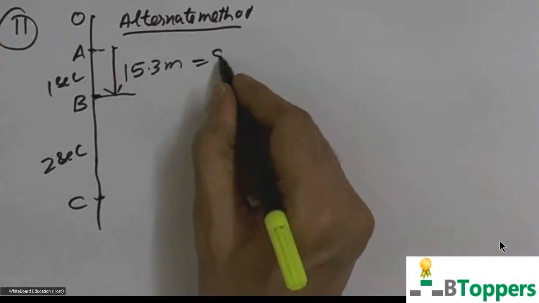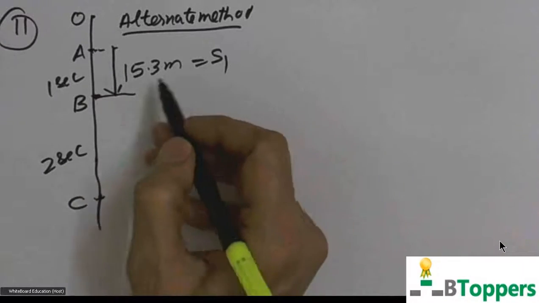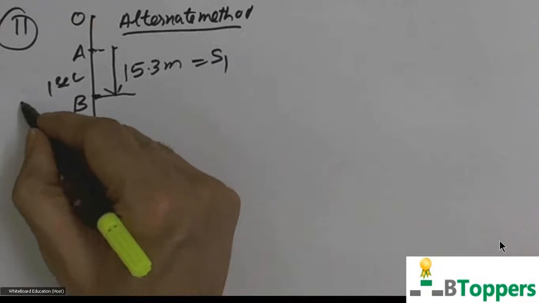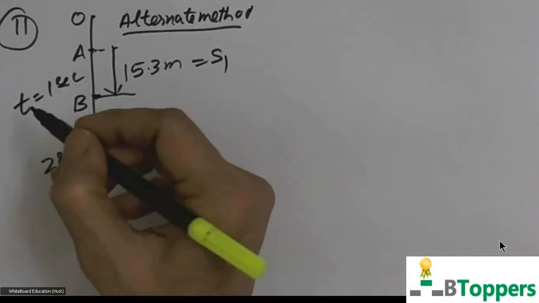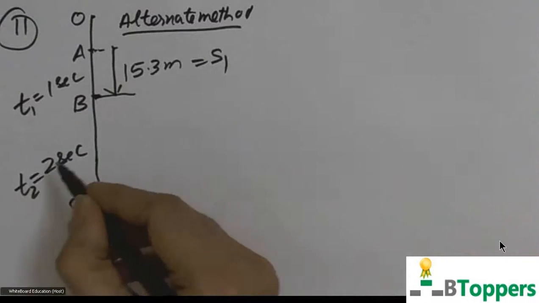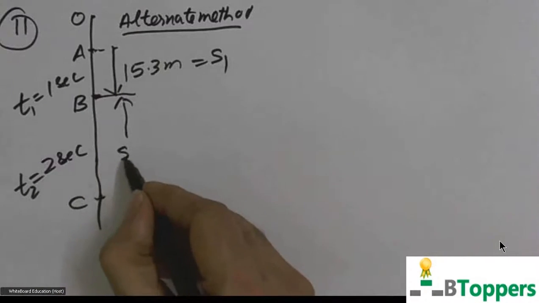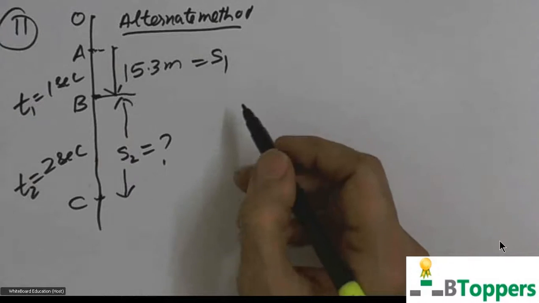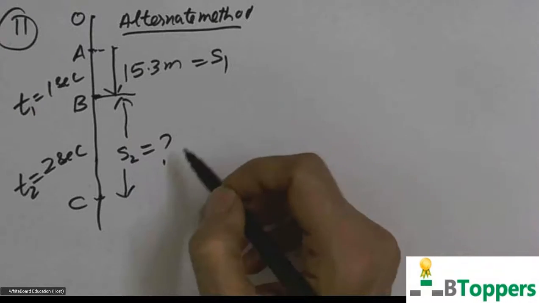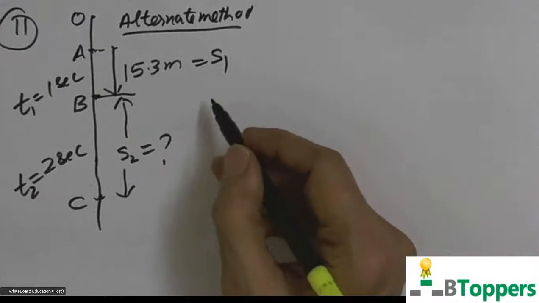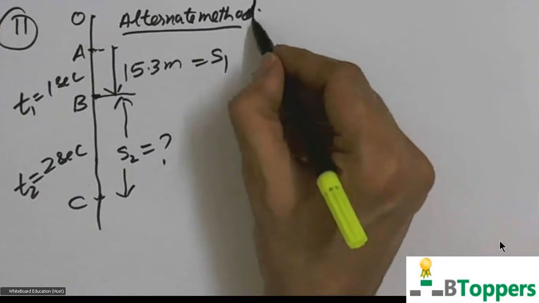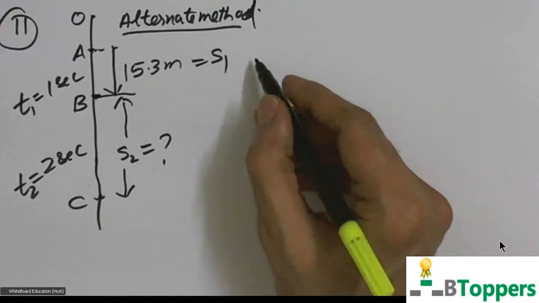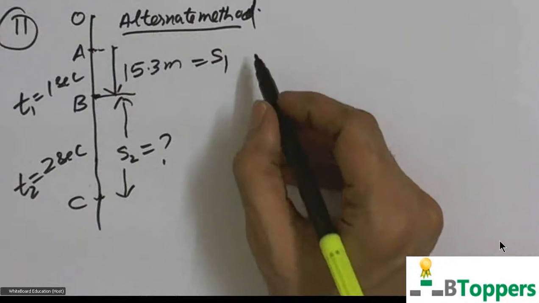The body covers the displacement S1 equal to 15.3 meters in a time interval T1 equal to 1 second. You have to find the displacement covered in the next 2 seconds. I denote the displacement covered in the next 2 seconds by S2. There is one result which I have discussed in the past with explanation.